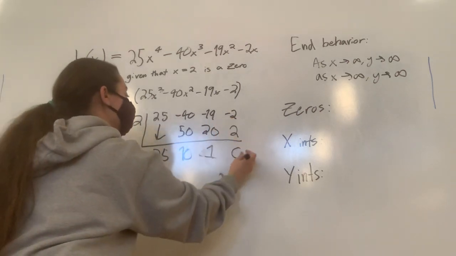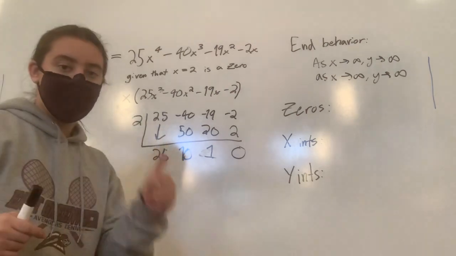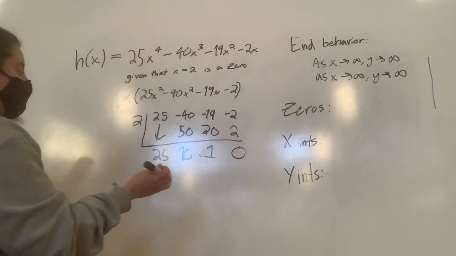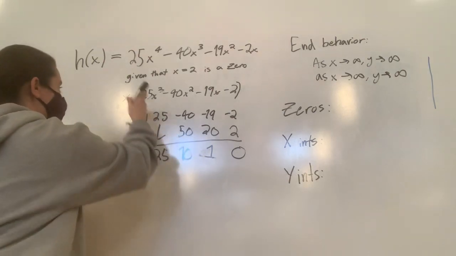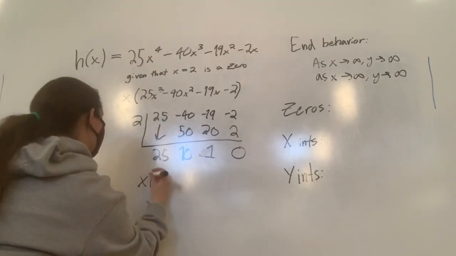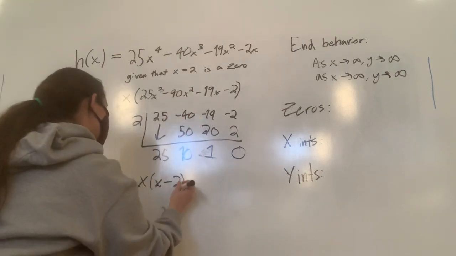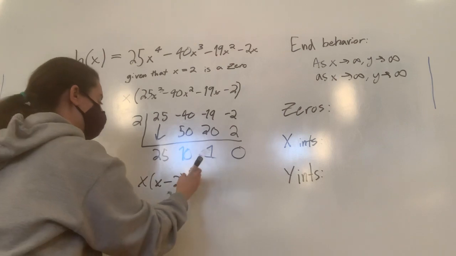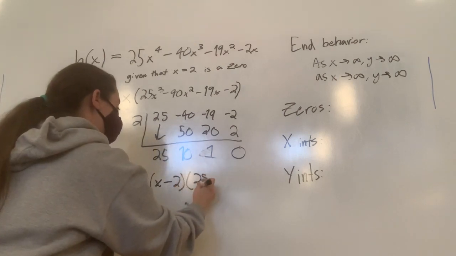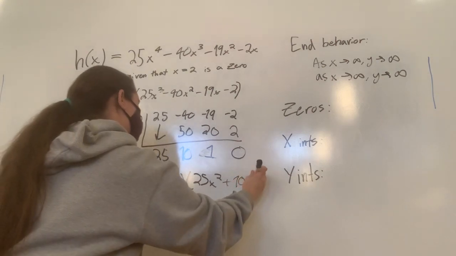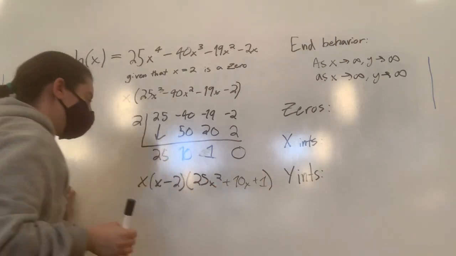If we add these up, we get 0. So it went in correctly. Now these are going to be our new coefficients. So we have our x, and then times x minus 2, which gives us the 0 of x equals 2, and then times 25x to the second plus 10x plus 1.